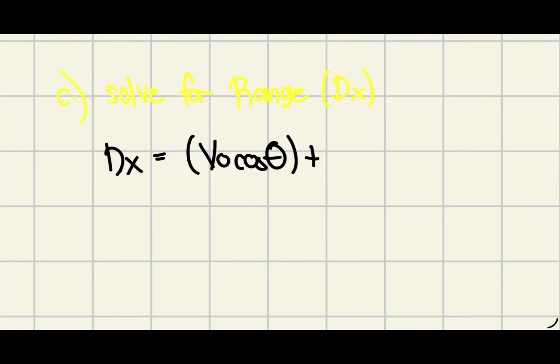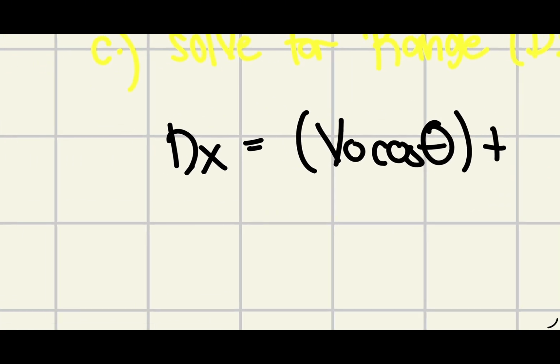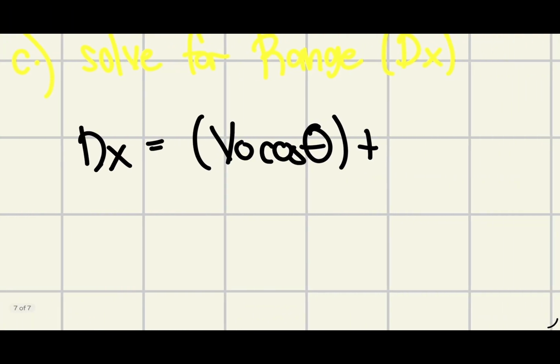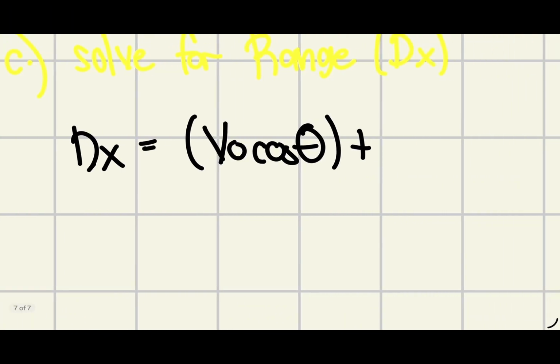Then lastly, we have to solve for letter C, which is solving for the range or the horizontal displacement. This is very simple, as we are given our horizontal component and our time. We can use the first and only equation in horizontal projection, which is d of x equal to the quantity initial velocity multiplied by cosine theta multiplied by time. We can also just use this as the time going down.